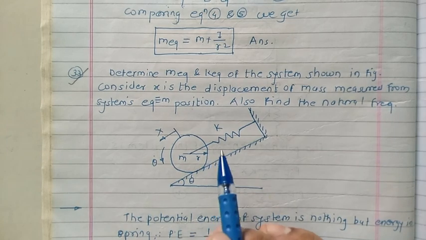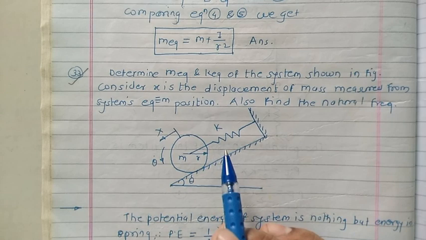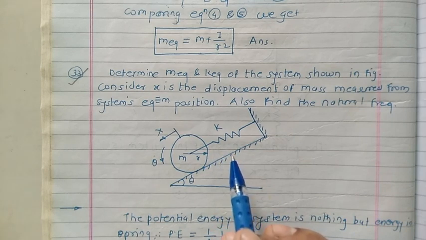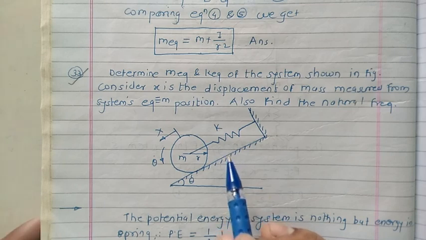To get the K equivalent, what we did, we got the relation in terms of potential energy, and in case of M equivalent, what we did, we calculated the total kinetic energy.